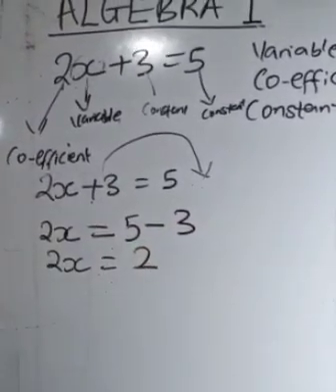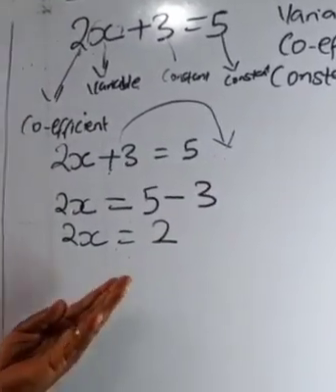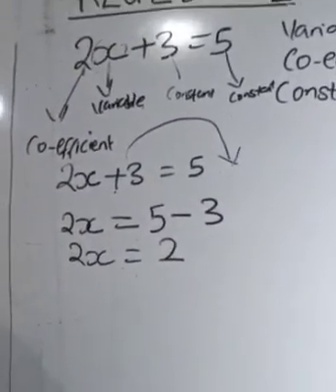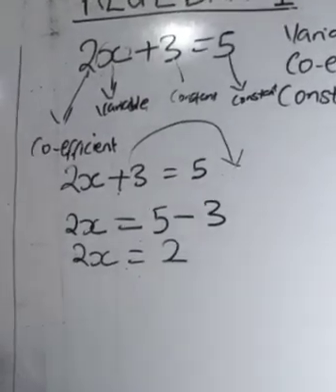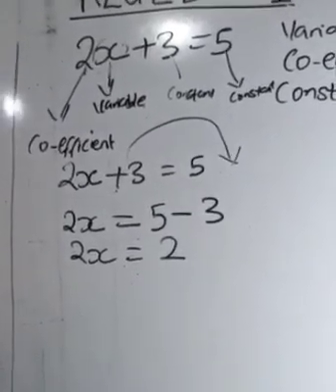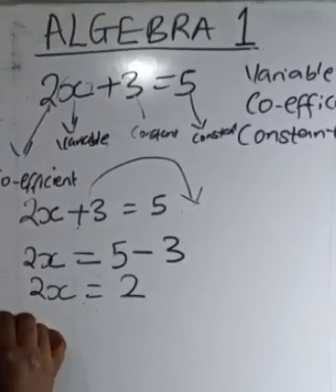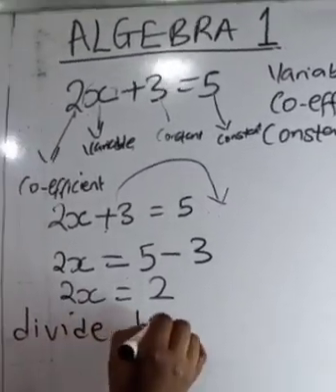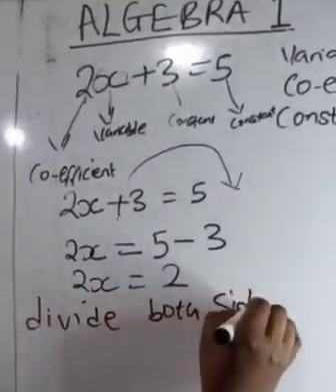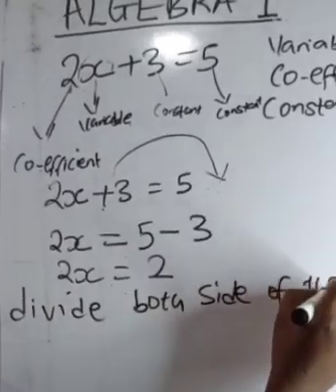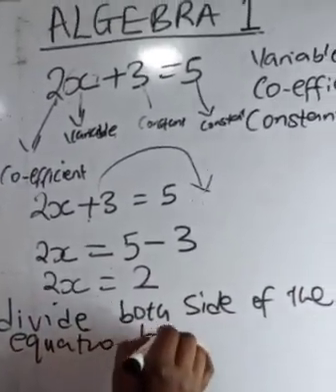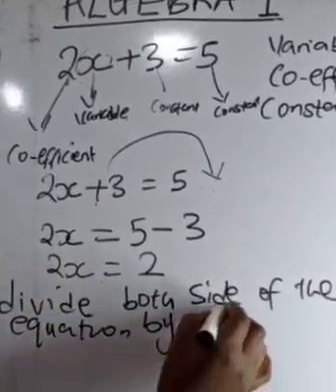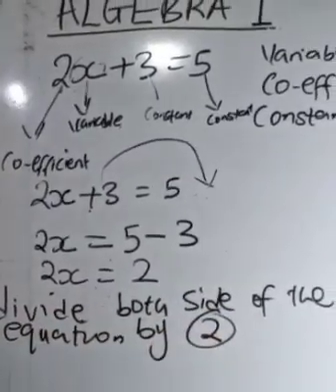Now we are looking for x. So any number that is attached to x, any coefficient of x, we are going to use it to divide both sides of the equation by 2.